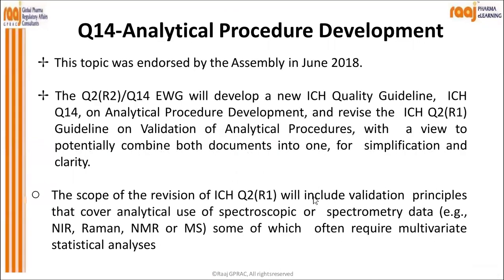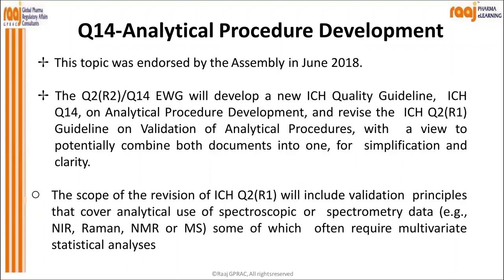Then the last guideline, that is Q14, which helps to guide you on what? Analytical procedure development. And this is also published in June 2018. Earlier, as I said, Q2 R2, which talks about analytical method validation.